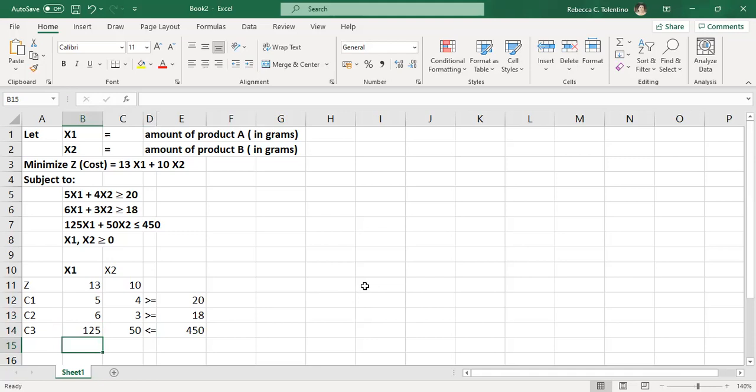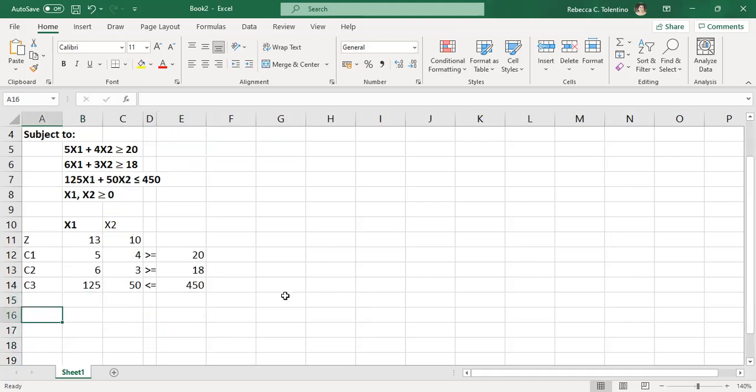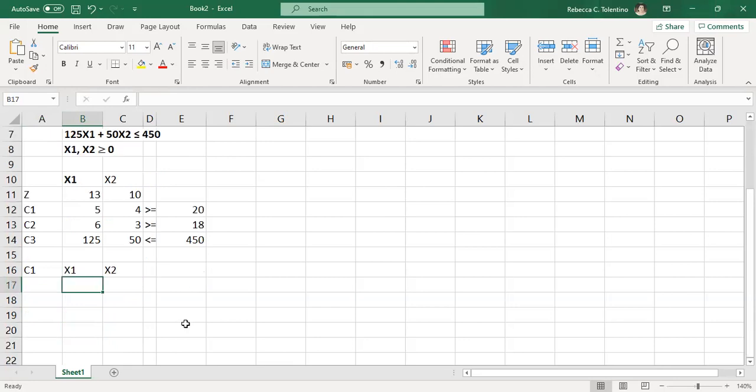To graph the constraints, we need the intercepts. Starting with C1, this is our x1, this is our x2. Setting x2 equal to 0, we get 20 divided by 5, which is 4.